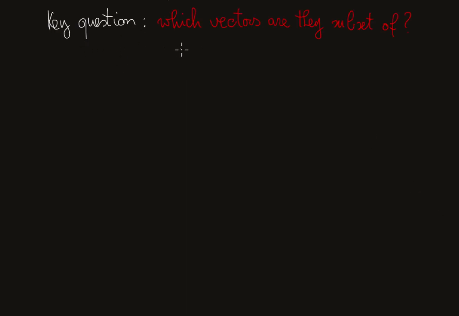Key question: which vectors are they subset of? By definition, vectors are elements of a set on which there is additive structure, which means that I can take two elements of this set and sum them up and still get another element of this set. And I can also take these elements and multiply them by scalars. The set of scalars or the field of scalars is a completely different set, whose elements can be multiplied with the elements of our initial set.